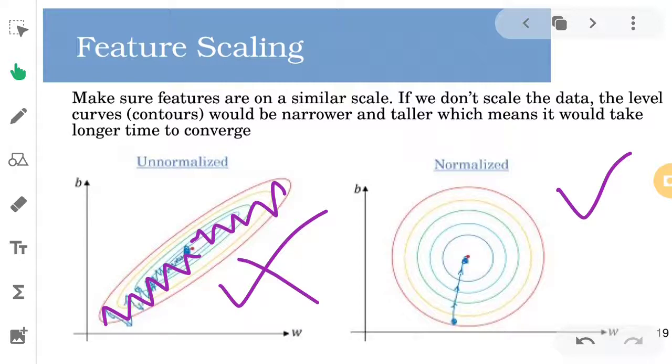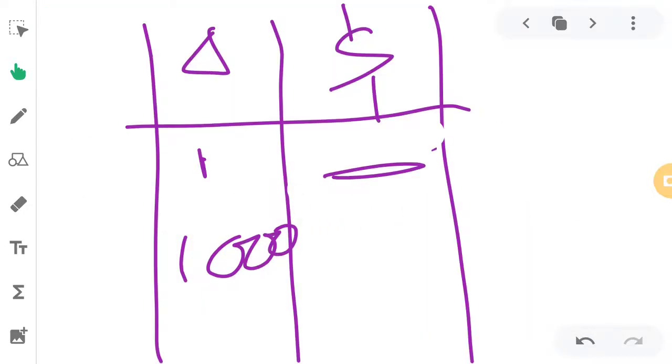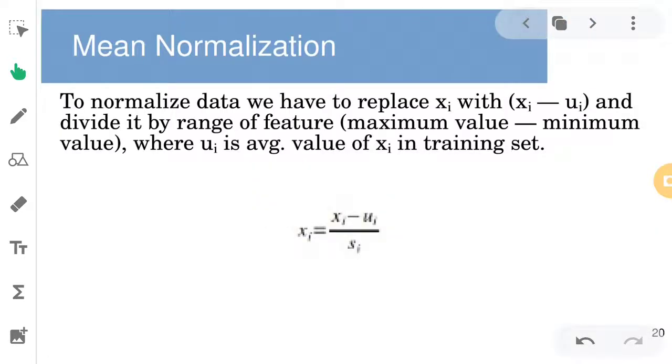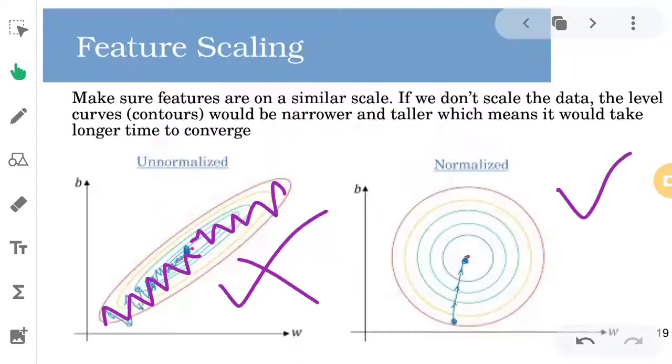How to convert this curve to this? To convert this to this, we have to use mean normalization, that is value minus the average value of the data set, divided by maximum value minus minimum value. If you do this, then you will find this normalized curve.